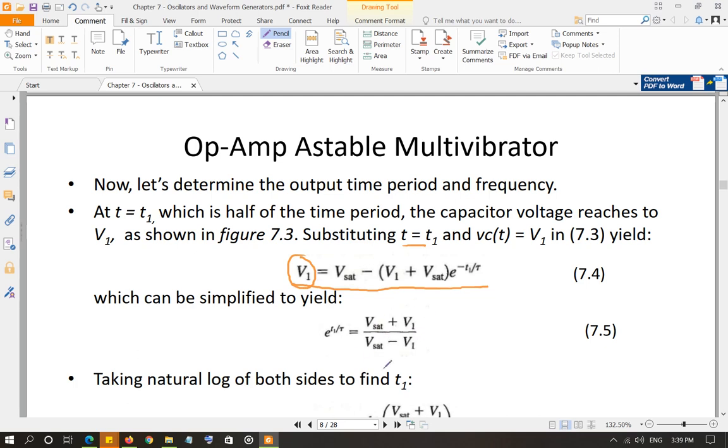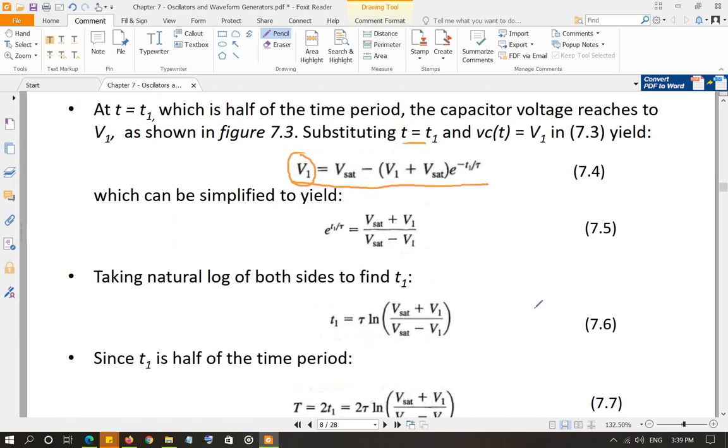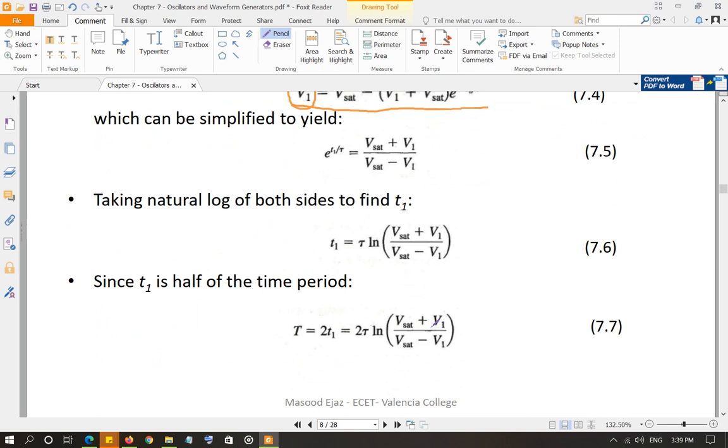E to the negative T1 over tau is going to be this, and then we take the natural log of both sides to find T1, and T1 is going to be tau natural log of (Vset plus V1) divided by (Vset minus V1).